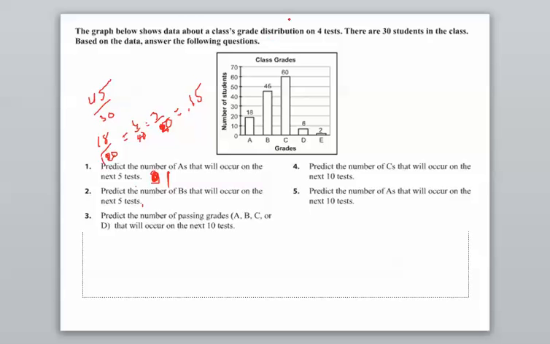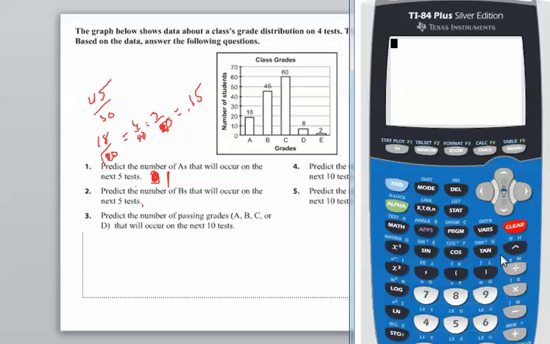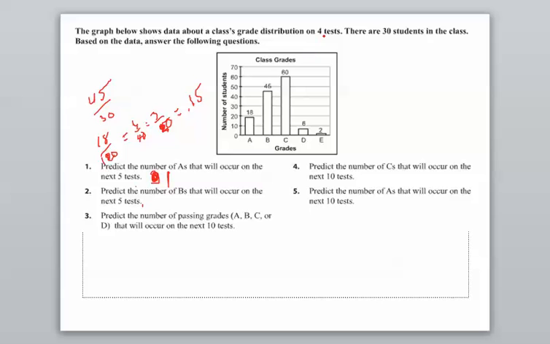Oh, wait a second. I know what I'm missing there. There are 30 students in the class. Okay, so 4 tests, 30 students in the class. They got 18 out of 120, which is the same as 0.15.